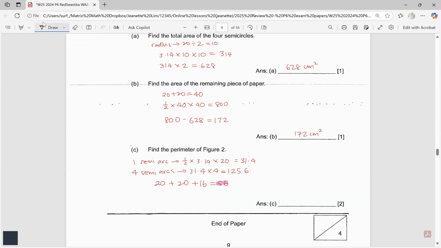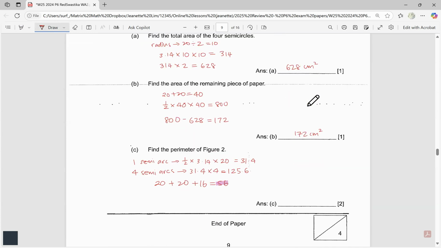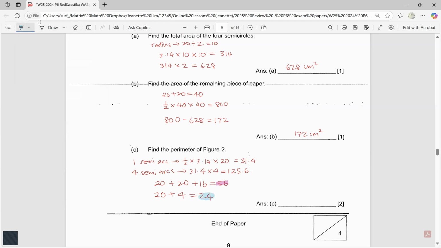Then the blue ones, 24. So the straight lines to add will be the pink minus the blue, 56 minus 24, which is 32.